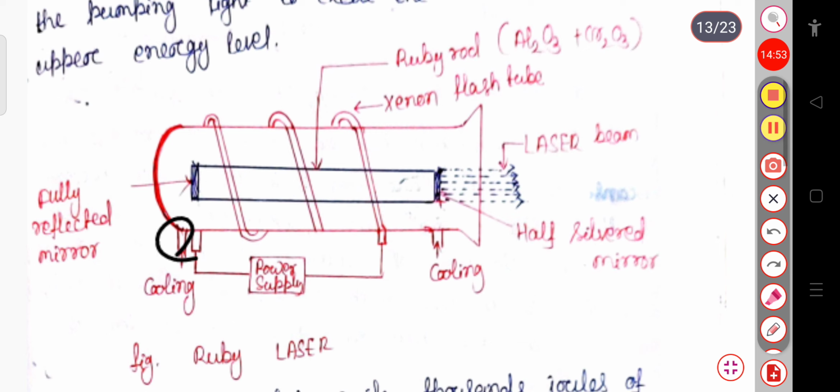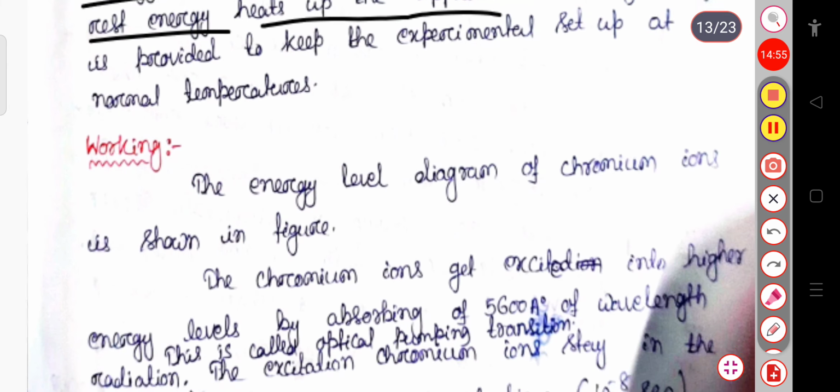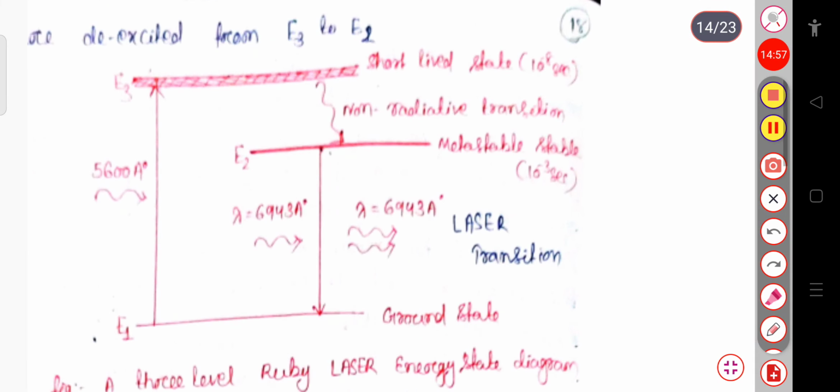Now we will see the working procedure. So now we will see what will happen inside this ruby rod. Initially the chromium ions are present in the lower state, that is, the ground state. When they absorb light of wavelength 5600 angstrom, they go to the higher state.